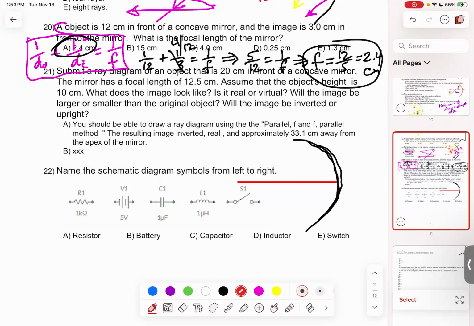So for example, with number 21, it says you're going to submit a ray diagram of an object that's 20 centimeters in front of a concave mirror. If you can fit 20 centimeters on it, go for it. I think you should be able to. If you're not sure, you can scale it back, or if you want to scale it up, you can.